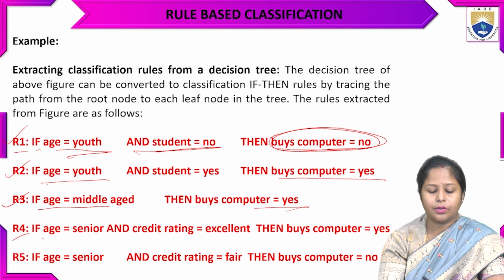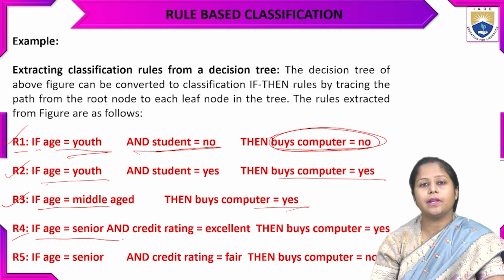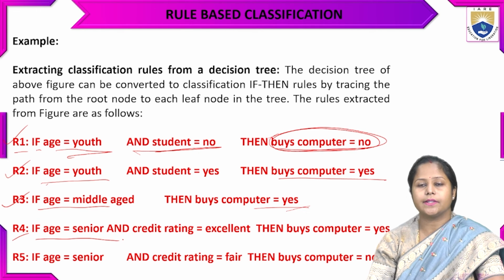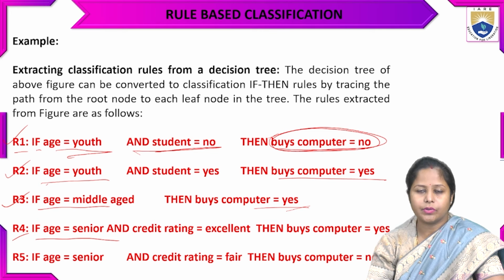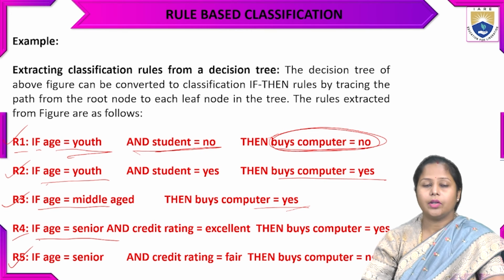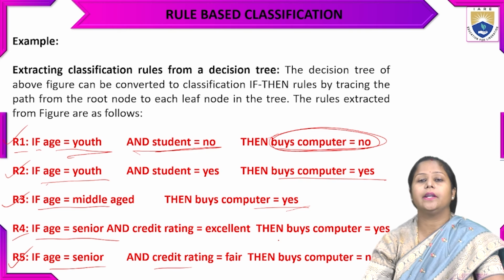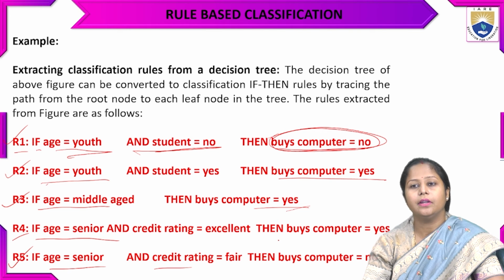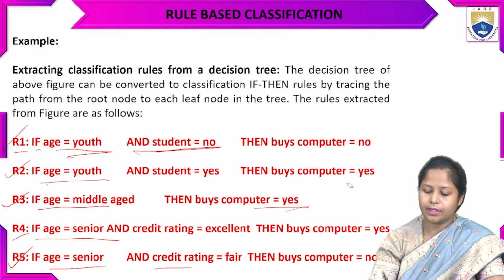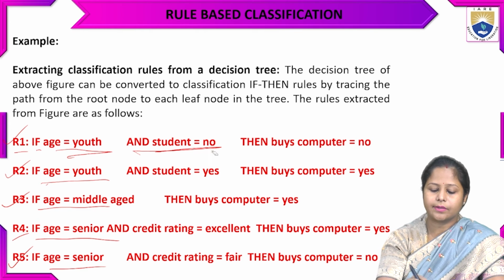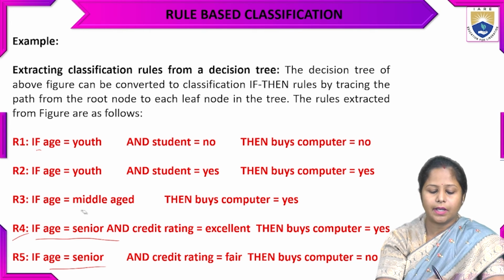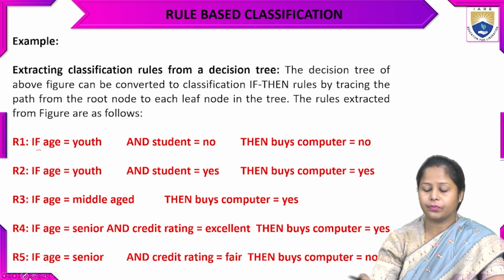The fourth rule: if age is senior and credit rating is excellent, then they will buy a computer. The fifth rule: if age is senior and credit rating is fair, then nobody is going to buy a computer. So that is very easy to extract from the decision tree, and it is feasible also.